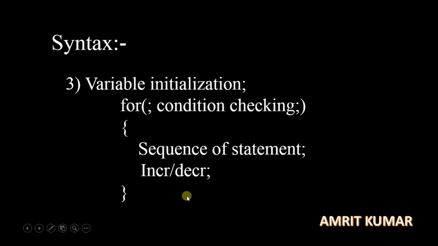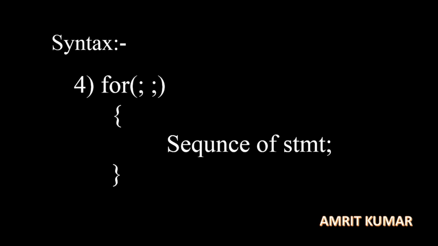You can use this in the C language also. Another syntax is like this: for, then a semicolon here, and the sequence of statements. This is the way of representing the for loop in C language.